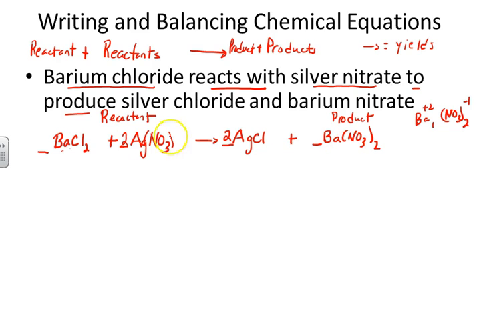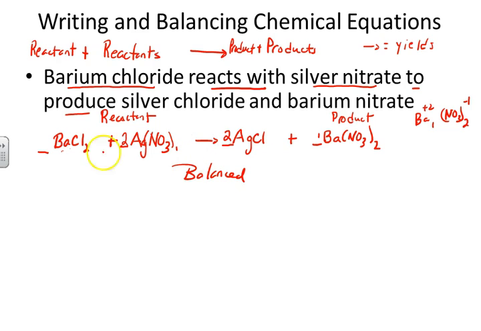Notice the 2 ways to get 2: a coefficient of 2 times 1 is 2, and I've got a coefficient of 1 here understood, 1 times 2 is 2. So if you go back and check, 1 barium, 2 chlorines, 2 chlorines, 2 silvers, 2 silvers, 2 nitrates, 2 nitrates. So this is balanced. Every atom is accounted for.